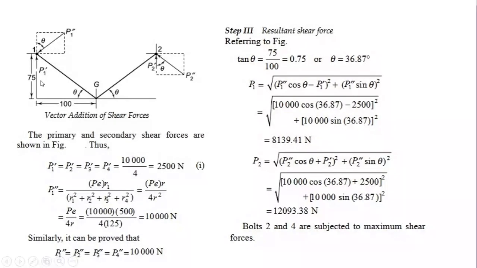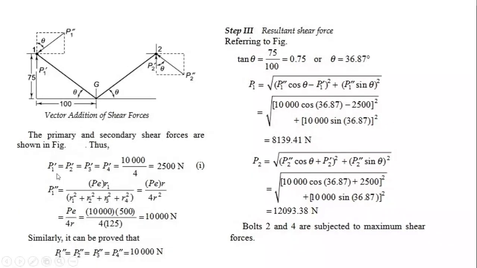P dash 1 is the primary shear force and P double dash 1 is the secondary shear force at bolt 1. P dash 2 is the primary shear force at bolt 2, and P double dash 2 is the secondary shear force at bolt 2.